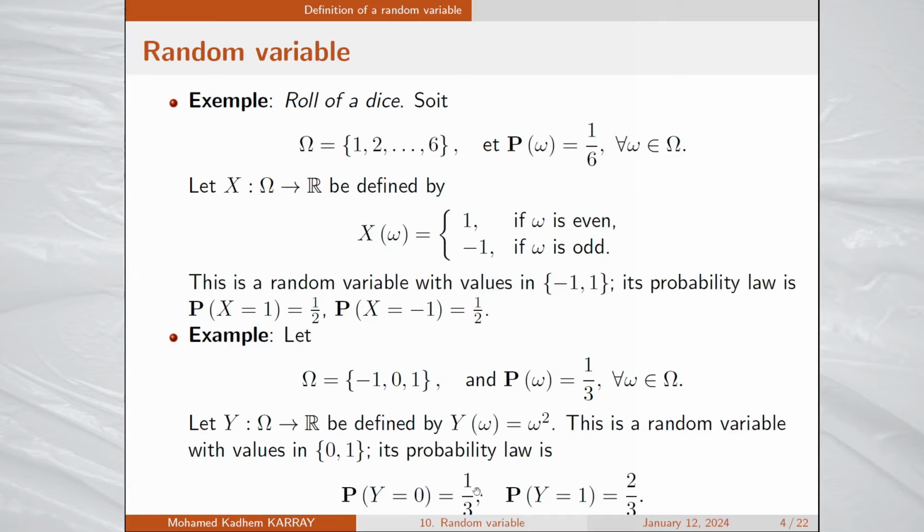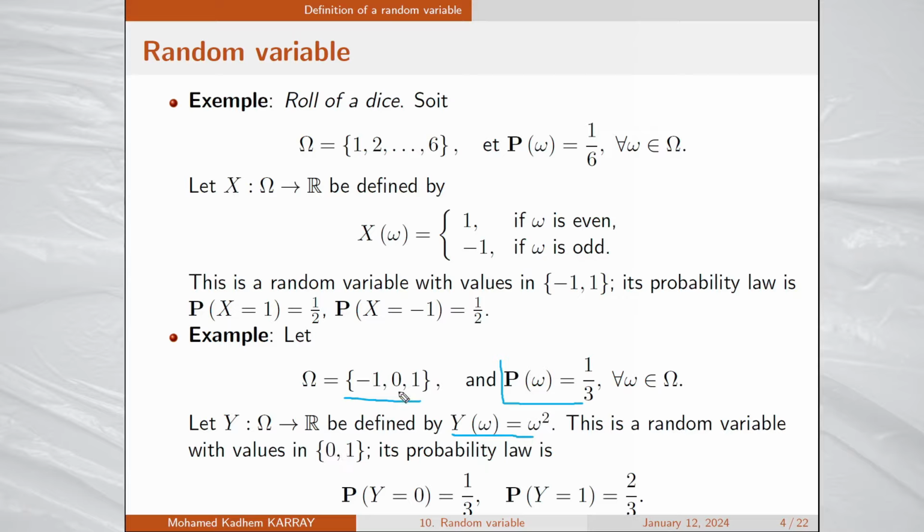Here is a second example. Let omega be the set of numbers -1, 0 and 1 and define the uniform probability on this universe. Let Y be a random variable defined by Y(omega) equals omega squared. This is a random variable with values within {0, 1}.